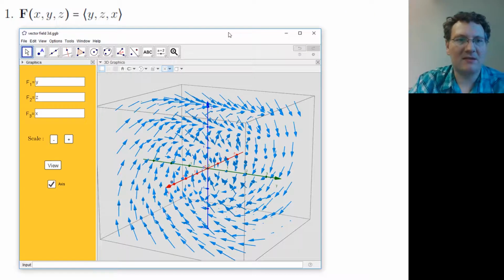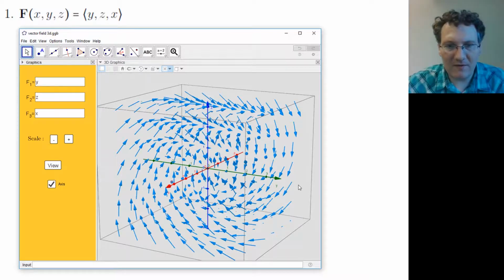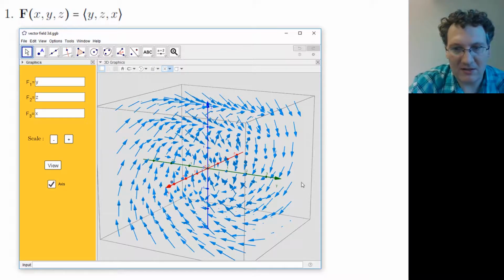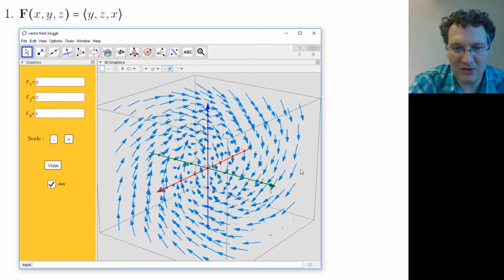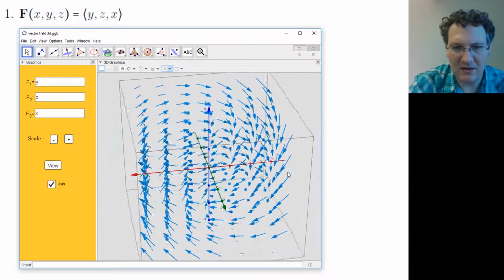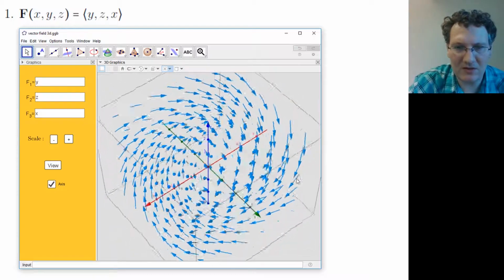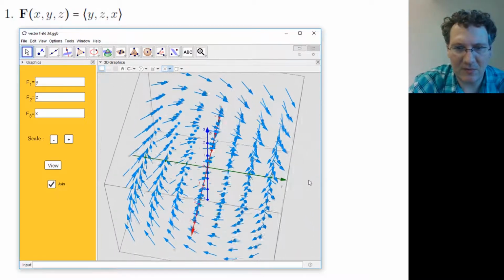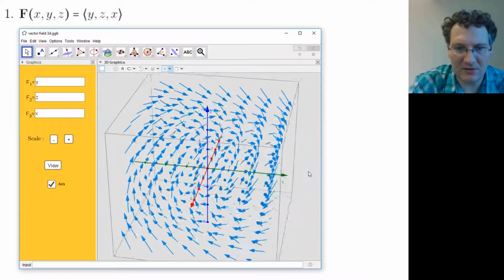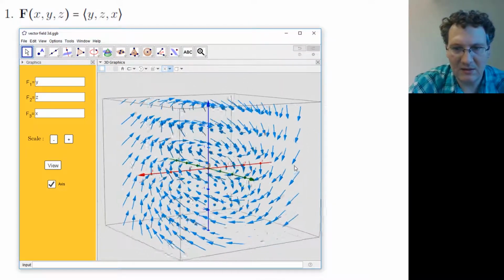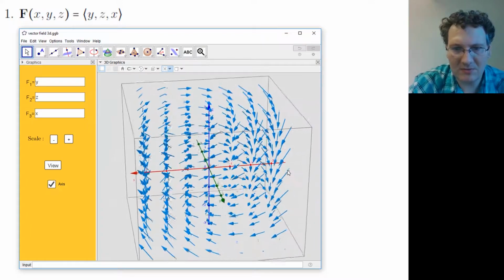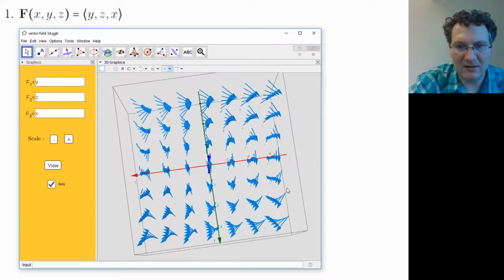Okay, so let's look at this 3D vector field defined by the vector function y, z, x. These become very hard to see. I think I'll give it a little bit of a rotation, and you'll start to see the shape of this thing. If I view it from up above, you start to see, oh, you can see there are some spirals happening in this.